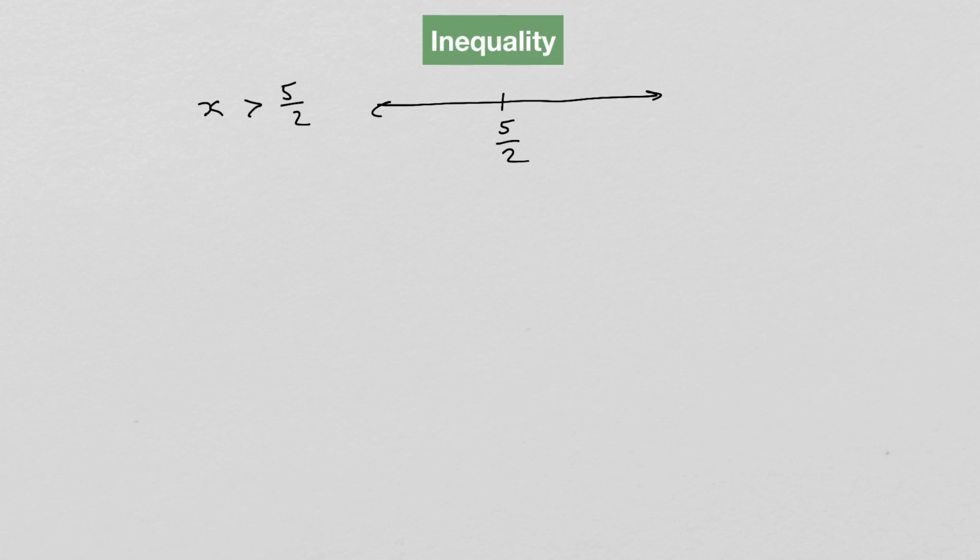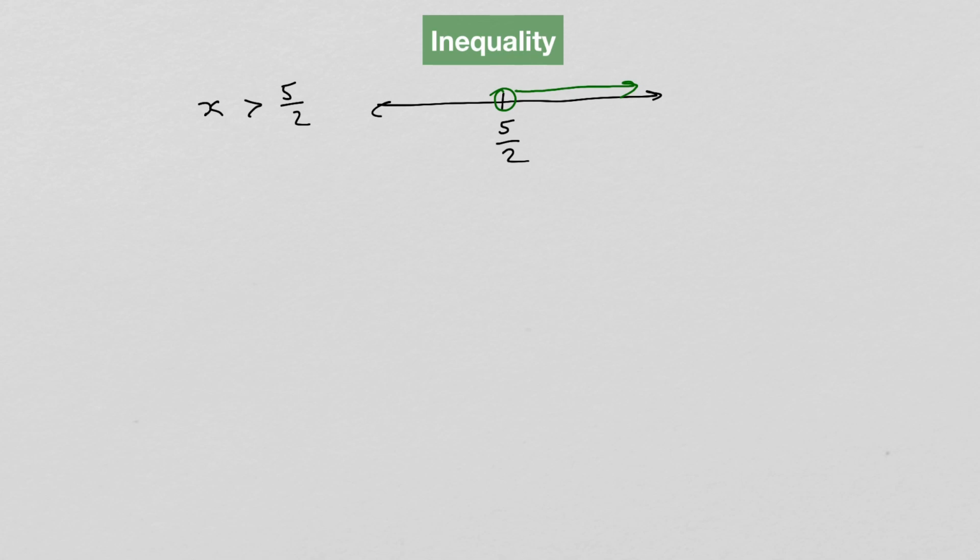When you have a greater than or less than sign, you want to put an open circle on 5/2, and then you're going to draw an arrow to the right. So this circle with an arrow to the right means that all values greater than 5/2 will make the previous statement true.